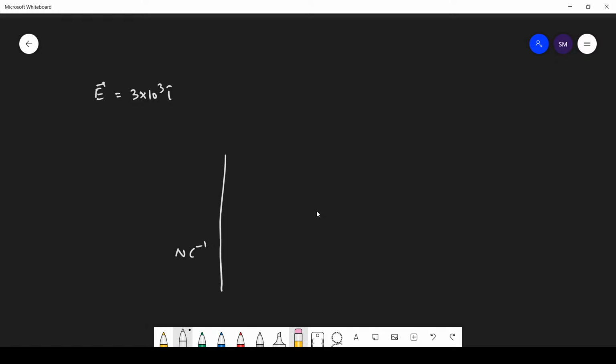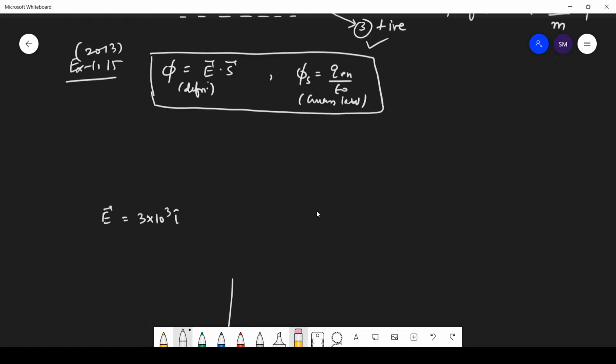So students, not a cube but a square, so the square is 2D. Its side is 10 centimeter, which means 0.1 meter, and its plane is parallel to the YZ plane.